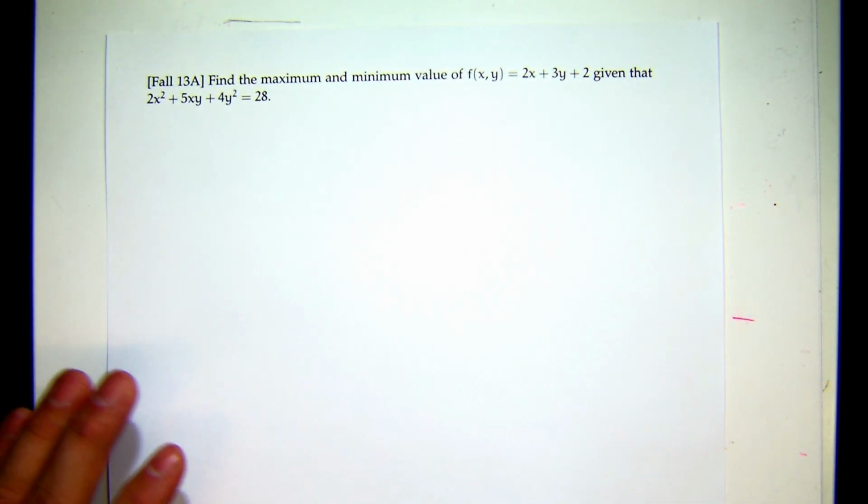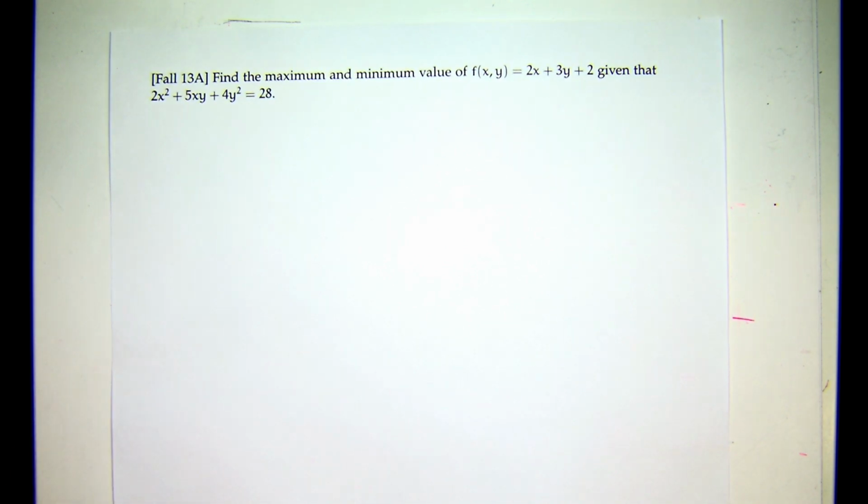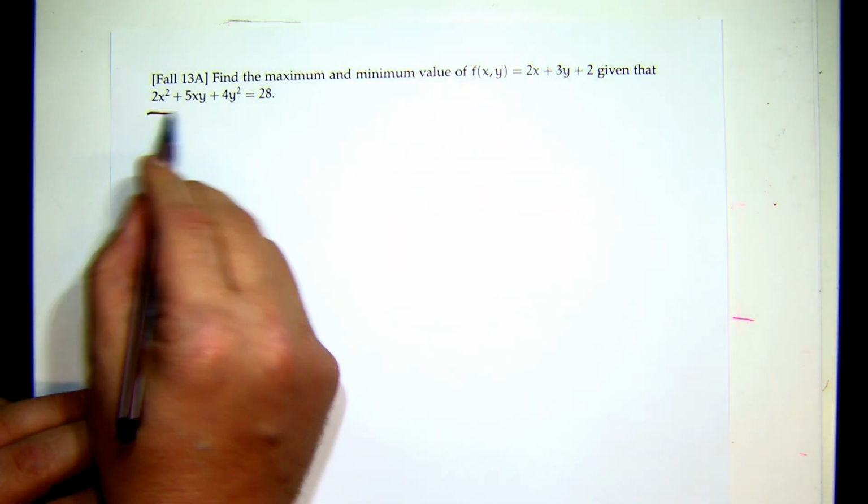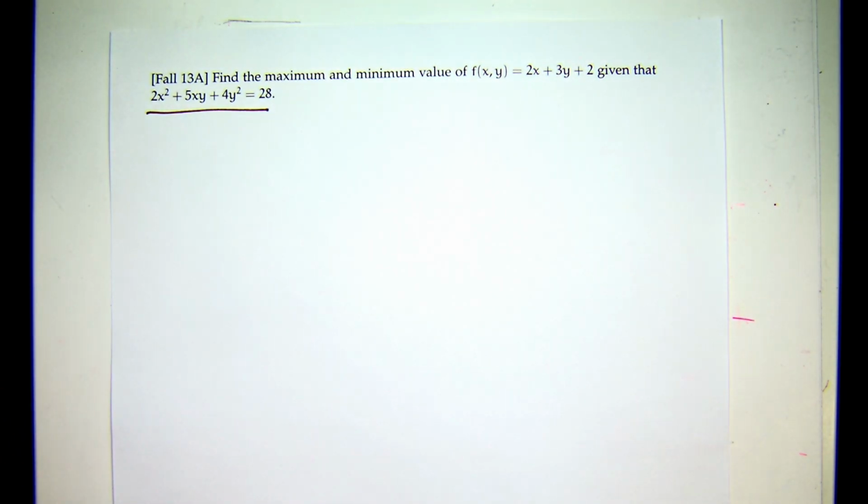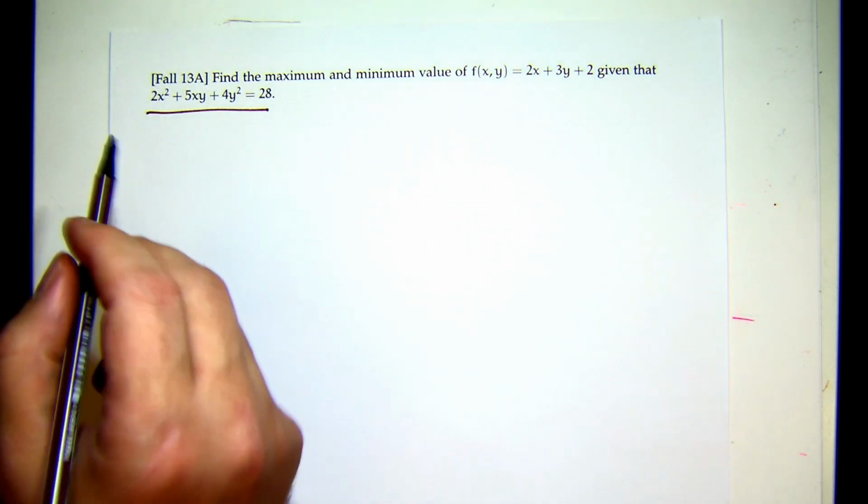Find the maximum and minimum value of f of x, y equals 2x plus 3y plus 2, given that 2x squared plus 5xy plus 4y squared is equal to 28. Now, what is this? This is a constraint.